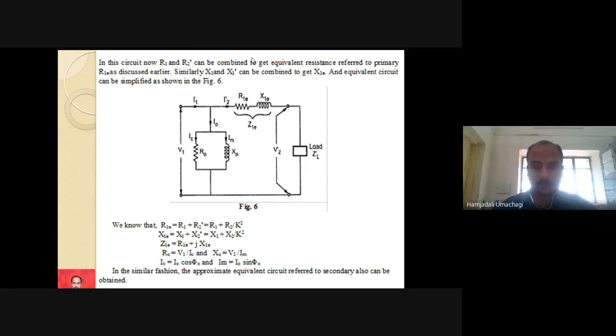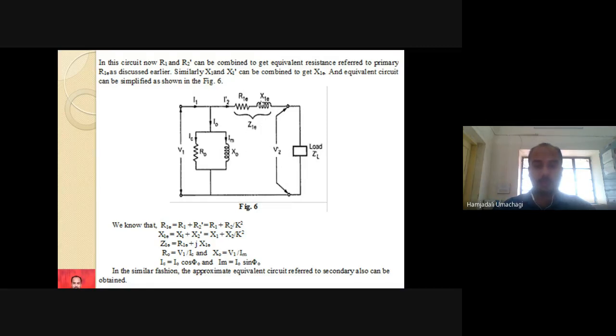Copper loss. Very good. So it is going to give us the information of copper loss. So if I conduct the OC test, then I am going to get the information of I0, Ic, Im, R0, X0. Then we are getting iron loss information. Whereas if I conduct the SC test, then the remaining parameters of the equivalent circuit, that is R1E, X1E and Z1E, I am going to get. Along with that, we are going to get the information of copper loss.